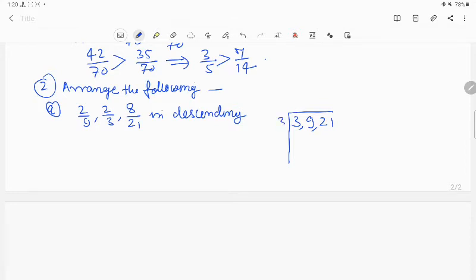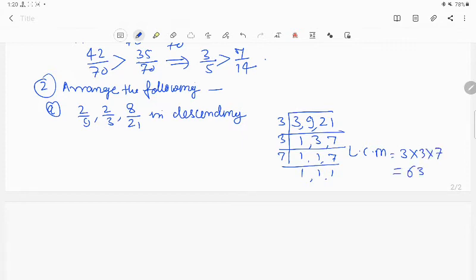Divisible by 3. So 1, 3, 7, 3 again, 1, 1, 7. Now divide by 7, 1, 1, 1. That is, LCM is 63. 3 into 3 into 7 is equal to 63.